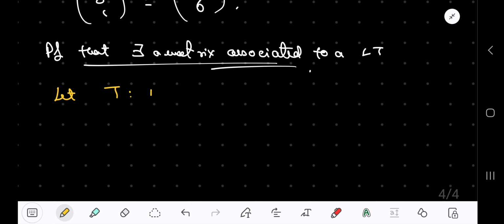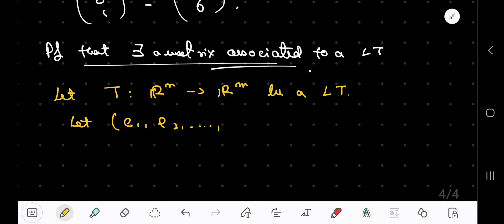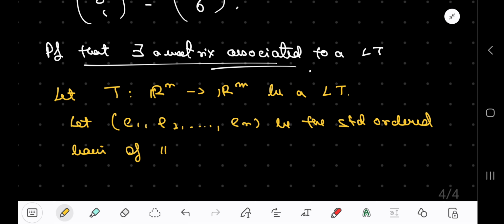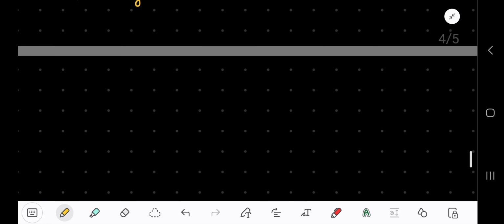Okay, let T be a linear transformation from Rn to Rm, and let (E1, E2, till En) be the standard ordered basis of Rn. I am using the brackets just to emphasize that we have an ordered basis. Then consider, so we are just mimicking the example, T(Ej), the map of each of the standard basis vectors under this transformation.